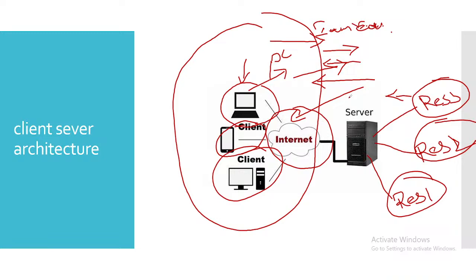On the client side we are searching something, and that should be stored in different places, that is, it might be in resource 1, resource 2, or resource 3. So the server will search those things in these resources. If it is available, then the server will send that data to our web browsers by using the internet. So this is the client server architecture.